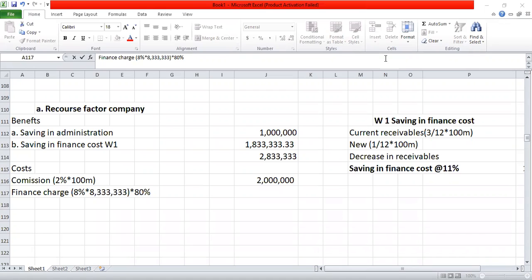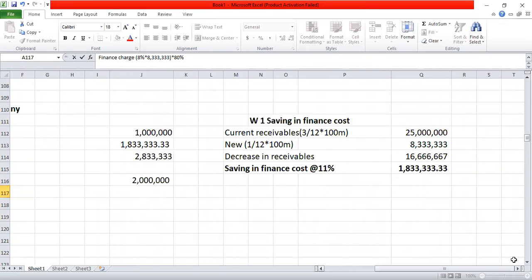But if your receivables are going to be financed at the end, then you are going to be charged at the end. Then Nadej is saying, why do we calculate finance cost? Decrease, is it a finance cost? Saving in finance cost.